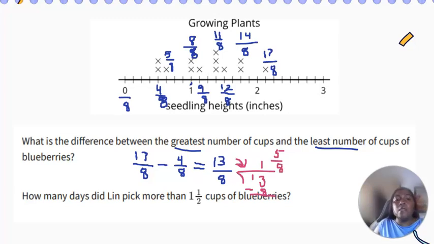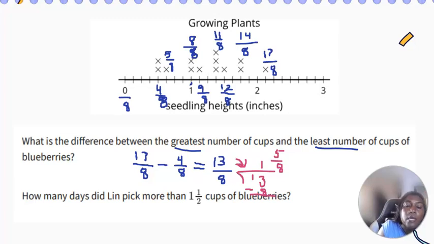All right, how many days? How many days did Lynn pick more than 1 1/2 cup of blueberry? Well, in order to find that, I don't have a 2 on my chart, but what would represent 1 1/2? Well, let's take a look at this.